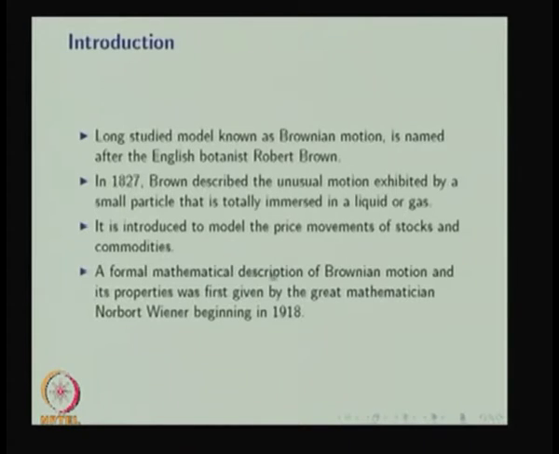A formal mathematical description of Brownian motion and its properties was first given by the great mathematician Norbert Wiener, beginning in 1918. Therefore, the Brownian motion is also called the Wiener process.